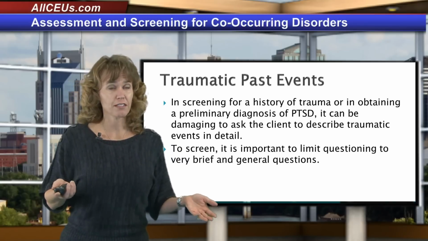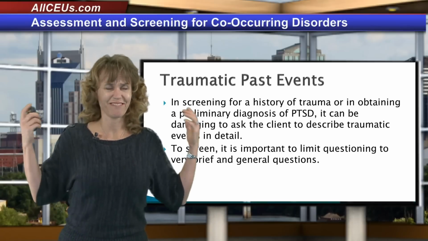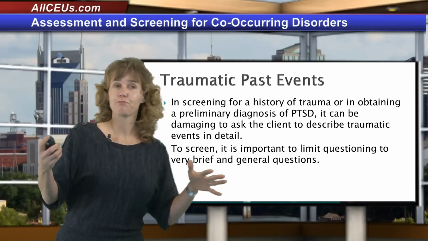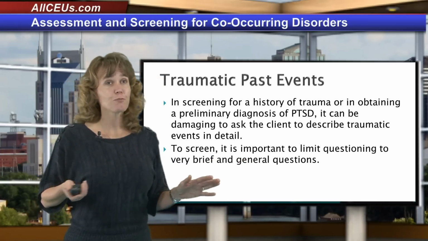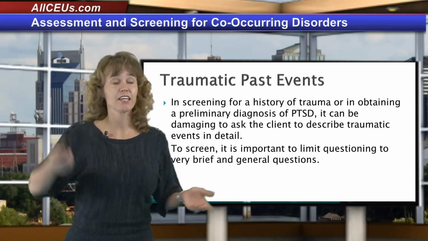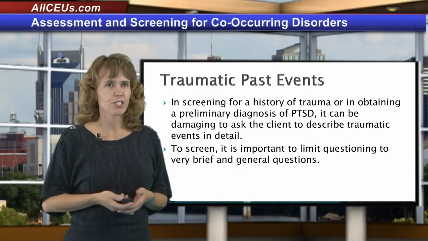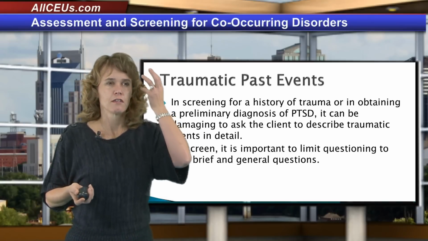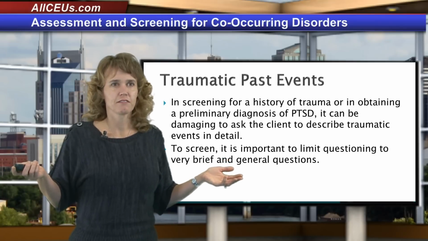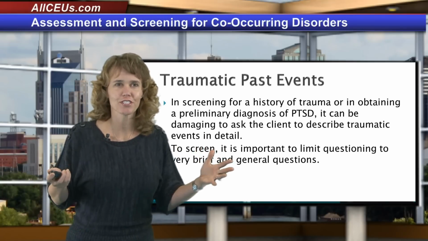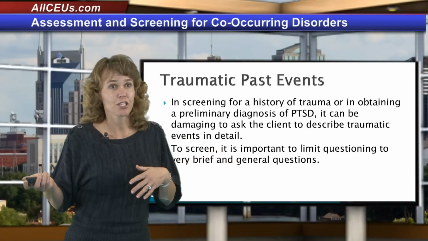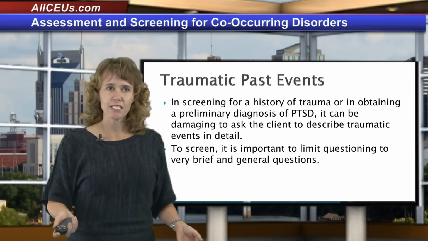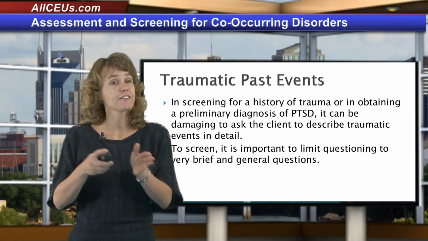If there is trauma, and be aware, again, a lot of people, 25% in the average population and way, way higher in your substance abuse and criminal justice population, have a history of trauma. So assume it's there. It's kind of like co-occurring disorders. It's the rule, not the exception. So we want to assume it's there. Don't ask them to describe in detail. You may ask them how it's affecting them now.